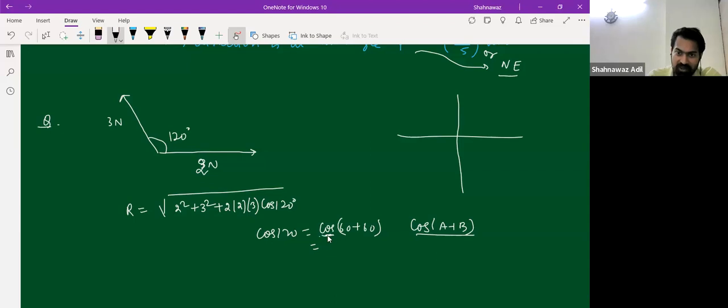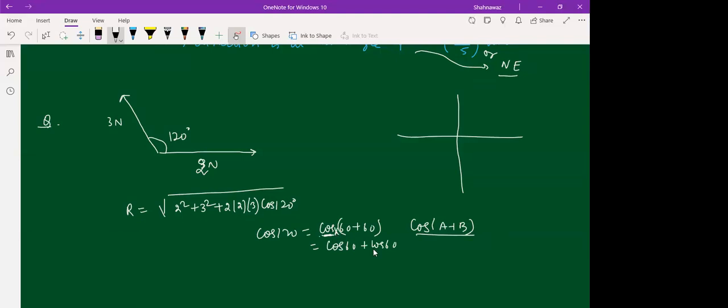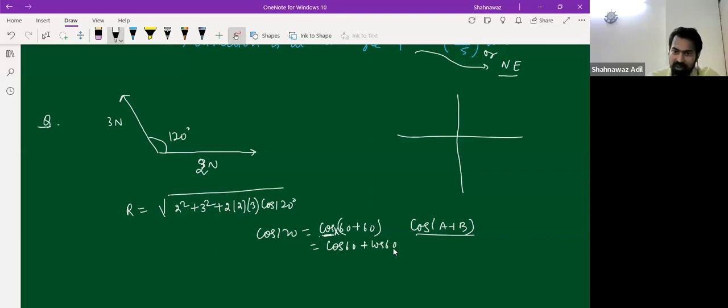So let us understand this. This is some operation, right? This is not multiplication, right? So this would not be cos 60 plus cos 60.